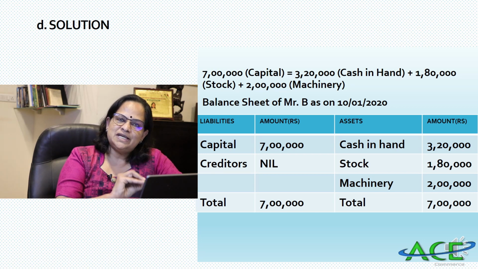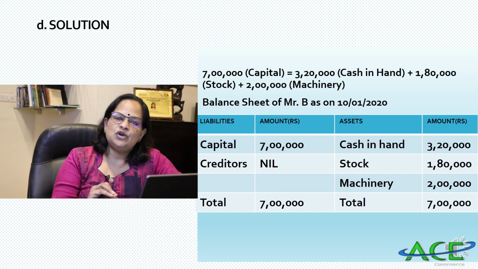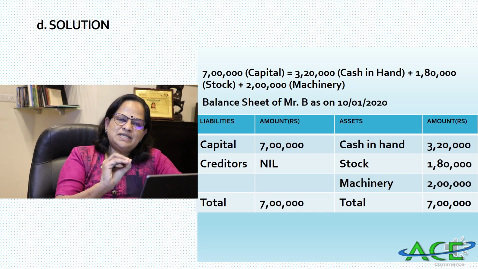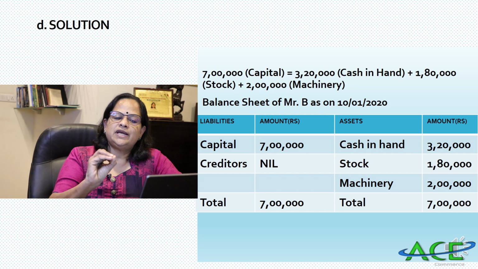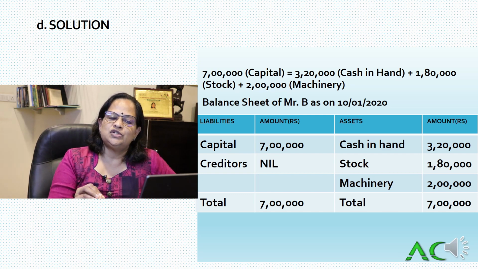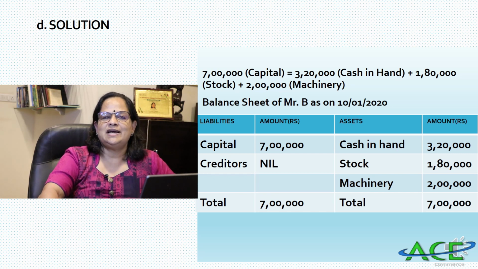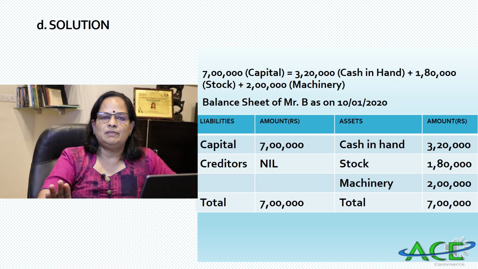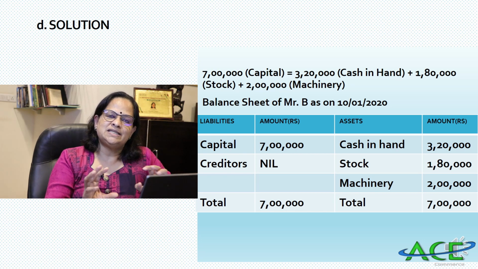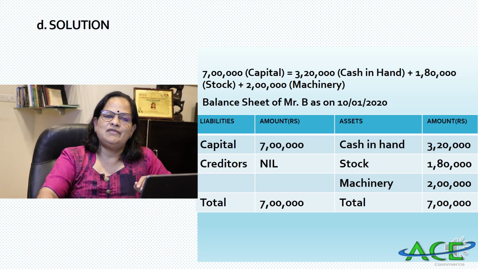Now what will be the change on the liability side? Creditors will not be there. So capital 7 lakhs is equal to cash in hand 3,20,000 plus stock 1,80,000 plus machinery 2 lakhs. So that is how you will get 7 lakhs. So that is the first problem. Both the changes in the asset side and liability side I have explained.